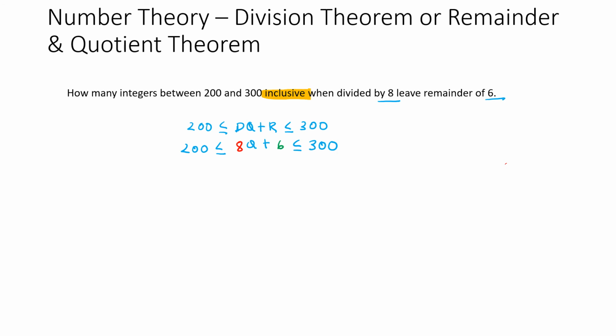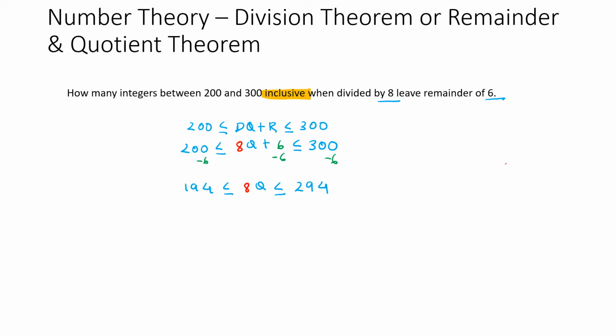If I subtract 6 from everywhere, we get 194 is less than or equal to 8q. Oh, let me change the color back. 194 is less than or equal to 8q, which is less than or equal to 294.